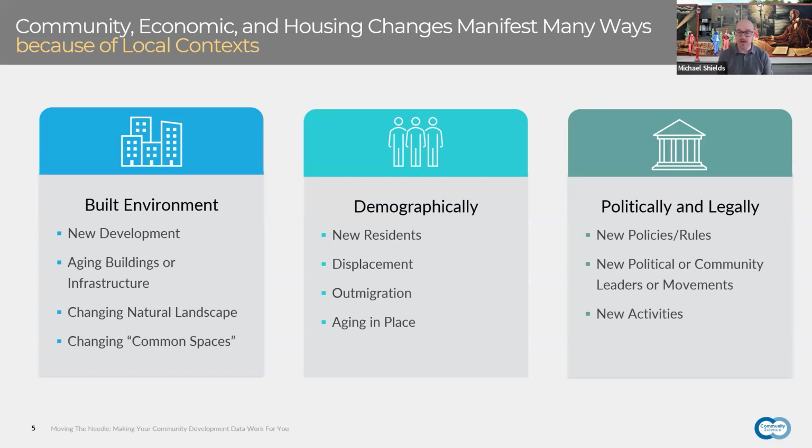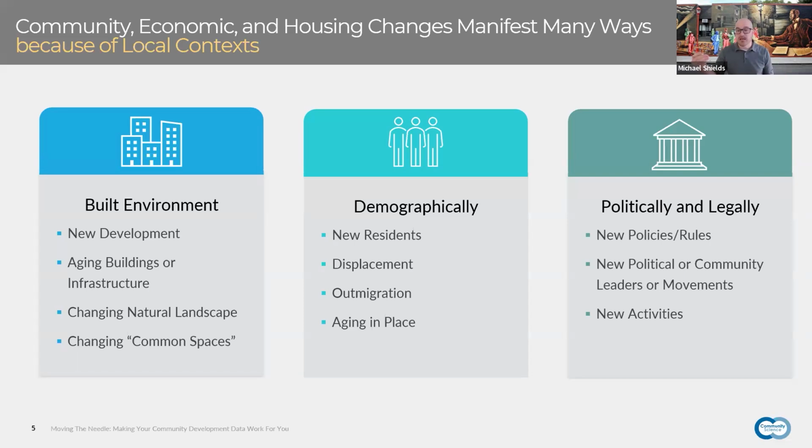You may just see new development going on. Everyone's building, building, building. Whereas another community seeing the same issue goes, no, we're fine. We want to keep what we have. We want to maintain the community we have, maintain the buildings and infrastructure that we have. So you might see their decision as aging buildings or aging infrastructure in place.